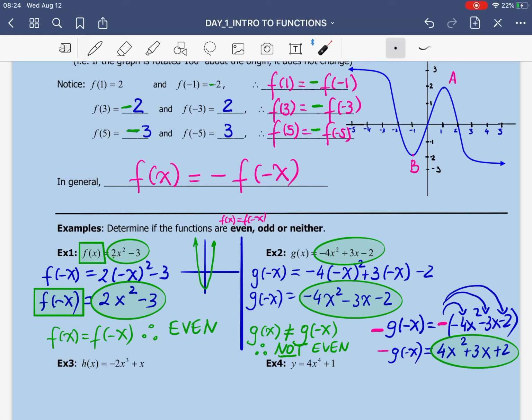The first two terms are not the same, and that's enough for us to stop examining it and say that g of x is different than negative g of negative x. So that makes the function not odd either. So if it's neither even nor odd, that means we say it's neither.